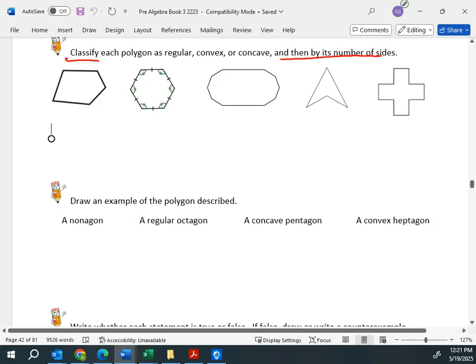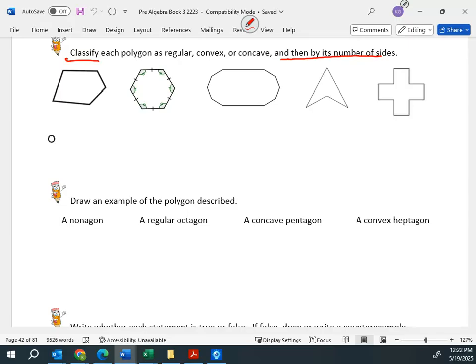So there are two things we have to write. We have to say, is it regular? Does it actually show us the notches and the angle marks that they are congruent? Is it convex, no cave-ins, or is it concave with cave-ins? Then we have to count the number of sides and say what its name is.